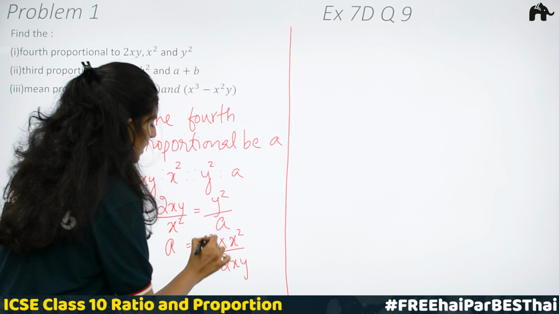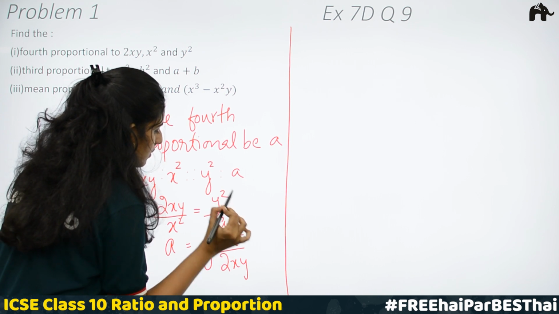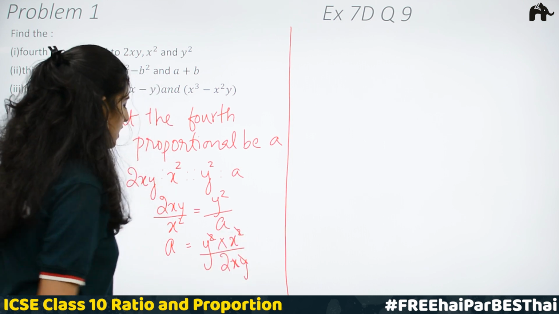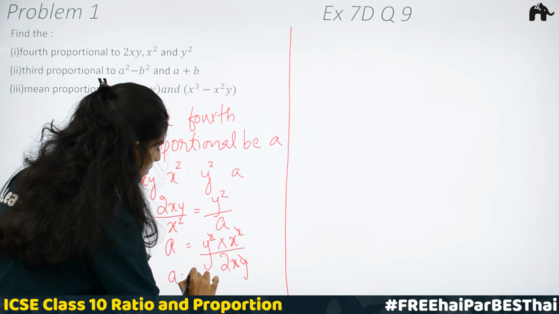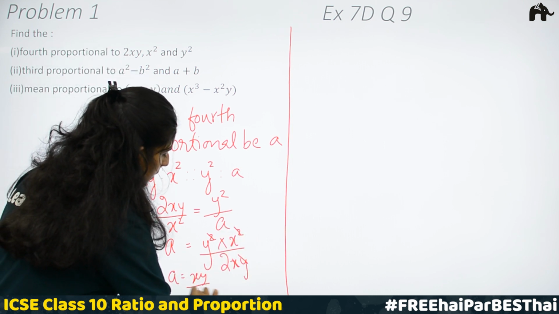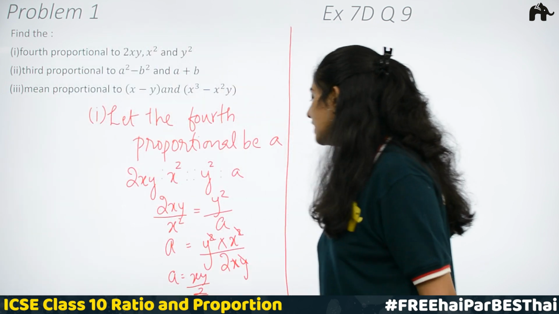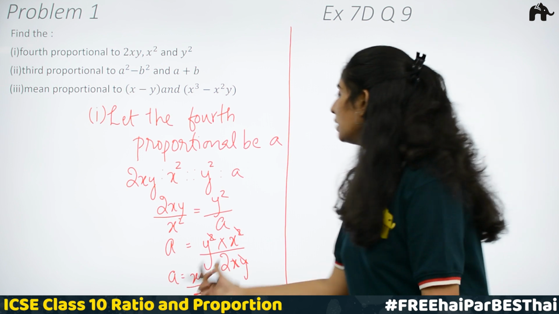Now I can cancel one y from here and this y, one x from here and this x. Therefore, a is equal to xy divided by 2. Okay. a is our fourth proportional. Fourth proportional is equal to xy divided by 2.